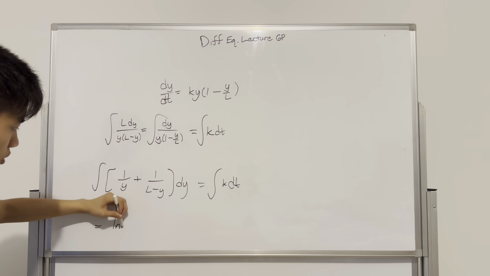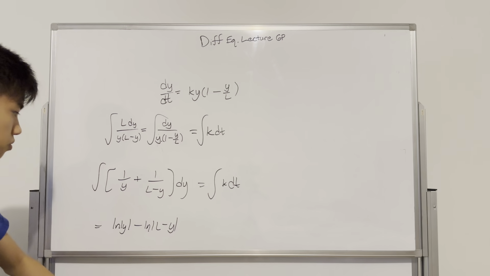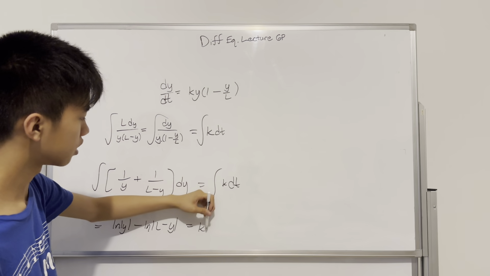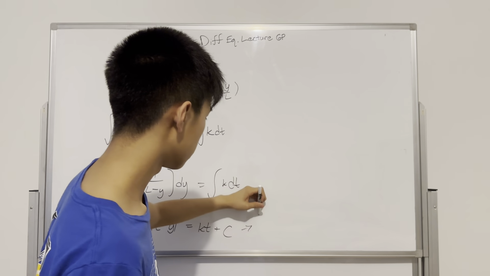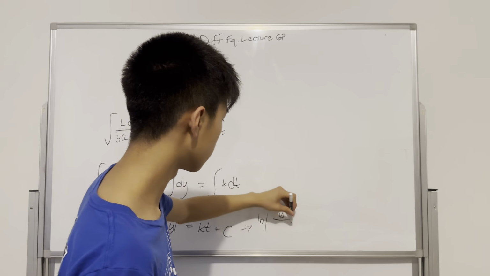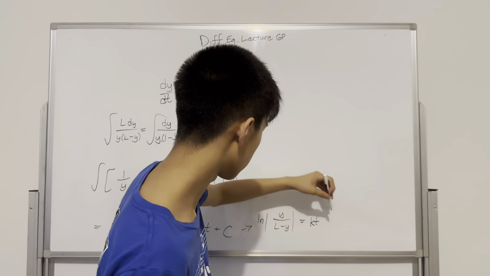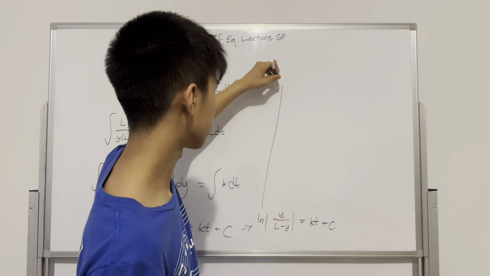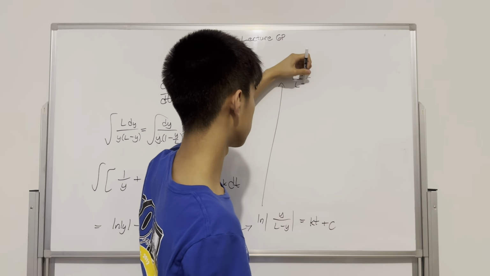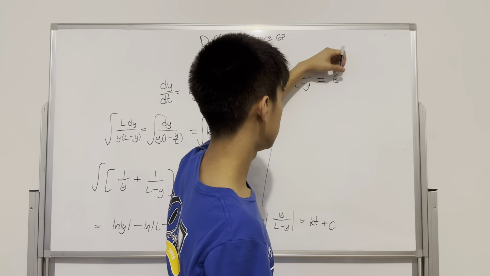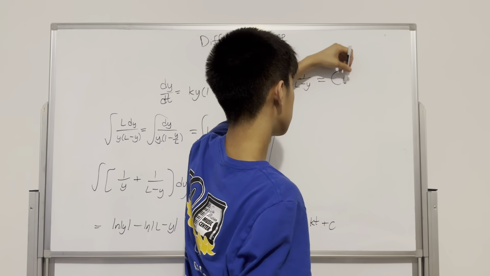We have ln y minus ln (L minus y) equals kt plus c. So this is equal to ln of y over (L minus y) equals kt plus c. Let's bring this to the top. We have y over (L minus y) equals e to the kt plus c, where we can just bring c here.